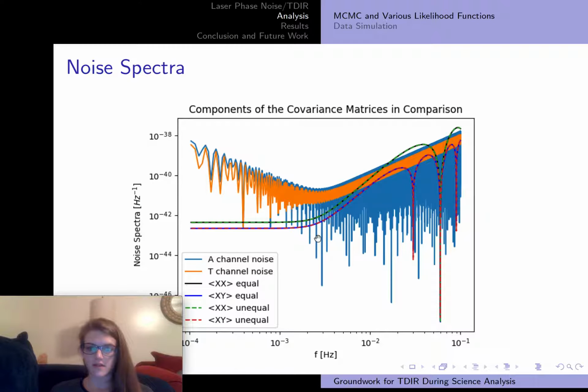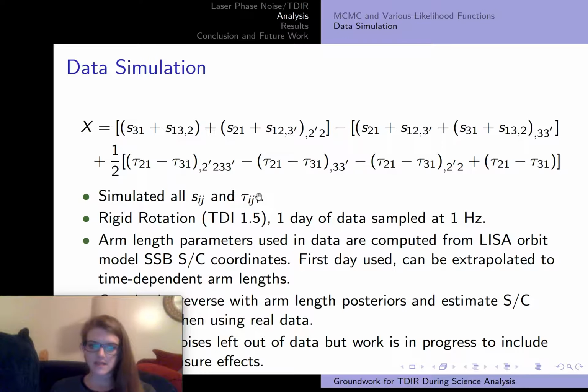It turns out that the unequal arm curve for both the diagonal elements and the off-diagonal elements are basically equal to the equal arm case. So we might expect that the posterior distributions won't be all that different either. But you will notice that the amplitude is much lower at the lower frequencies than the AE and T channels. But I'm actually not going to go into AE and T for now.